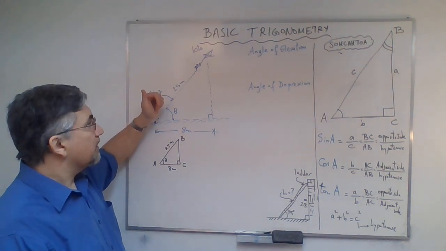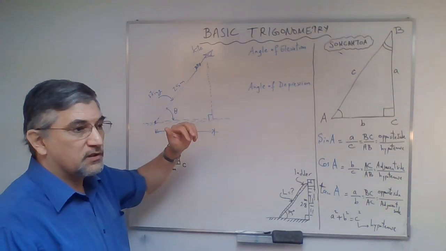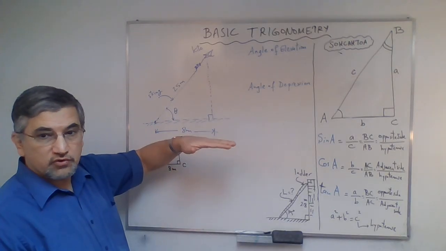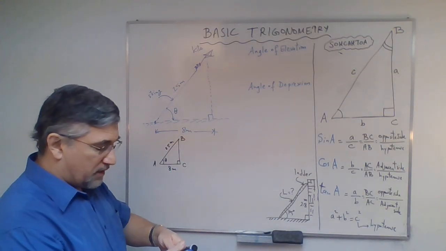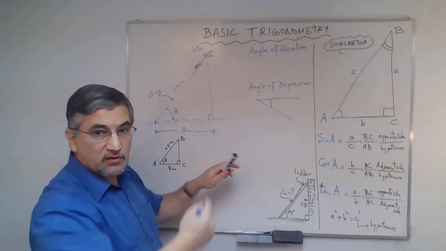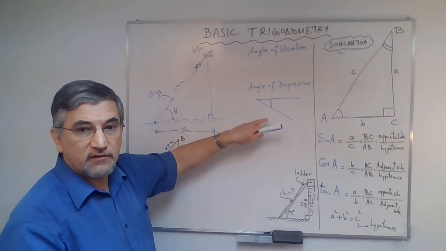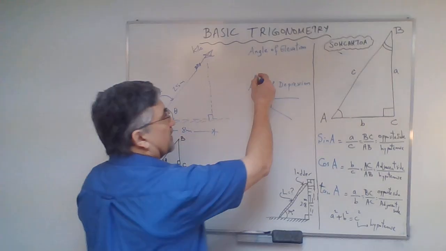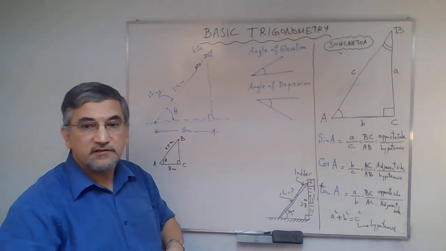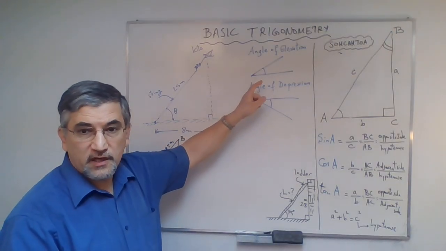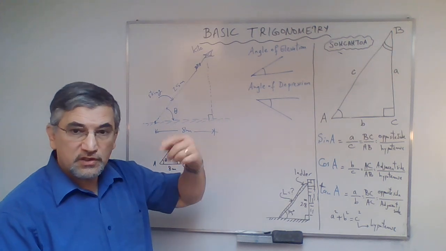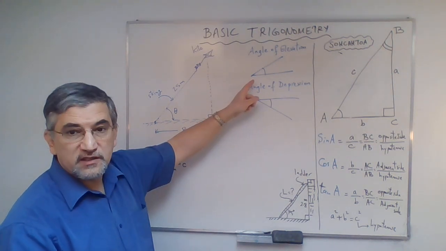So the angle above the horizontal line, between the line of sight and the horizontal line, is called the angle of elevation. Now, there are situations where we have an object lower than the horizontal line. In that case, if you have the horizontal line and the line of sight below the horizontal line, that angle is called the angle of depression. For example, if you're looking at an airplane flying in the air, the angle with which you're looking at the airplane in the sky is the angle of elevation.